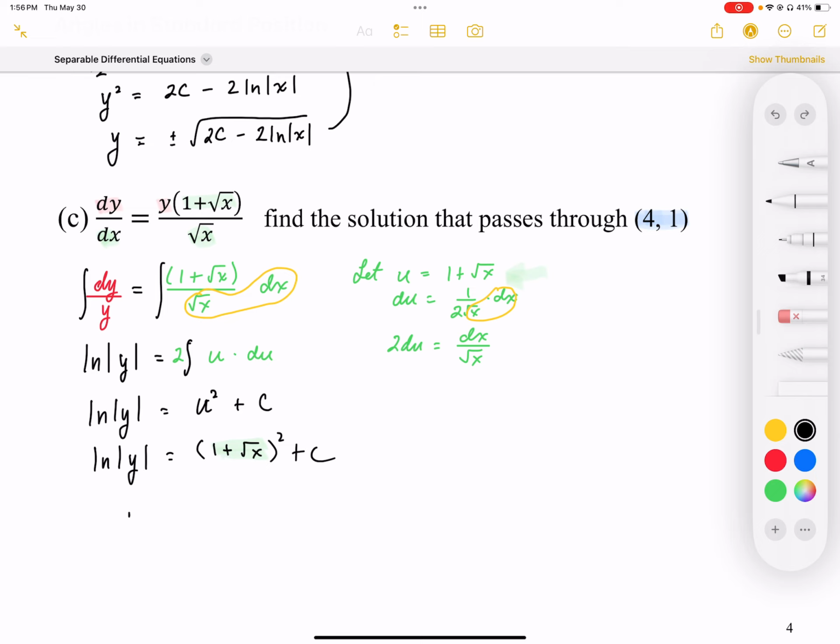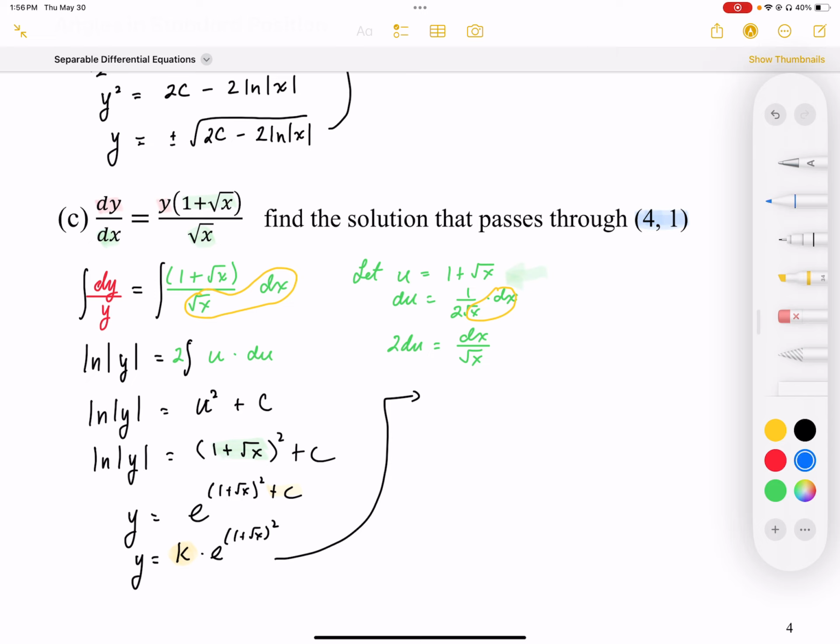So putting it into exponential form, we get y equals e to the 1 plus root x squared plus c. Again, that plus c will end up as a constant coefficient, so I'm going to solve for it as a k value out front. That plus c becomes a k when I rearrange that using some exponent properties.